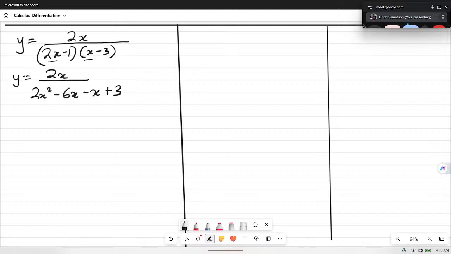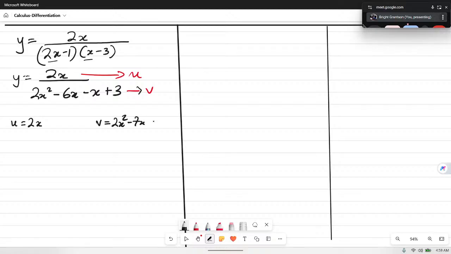Then you use the dy/dx. Remember, quotient rule. So u equals 2x. v equals 2x squared minus 7x plus 3. 7 is this minus this, right?